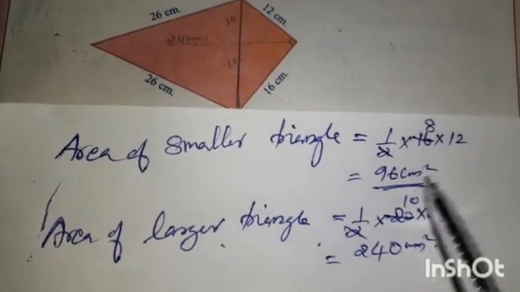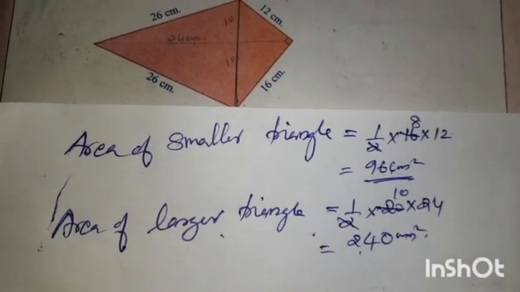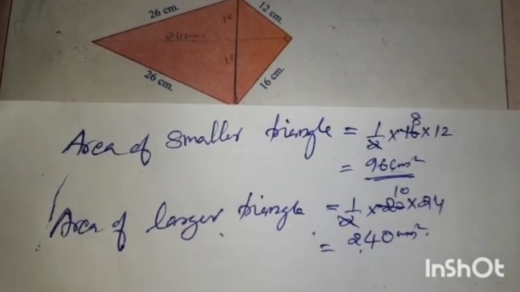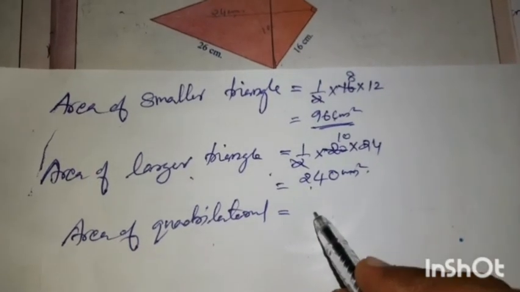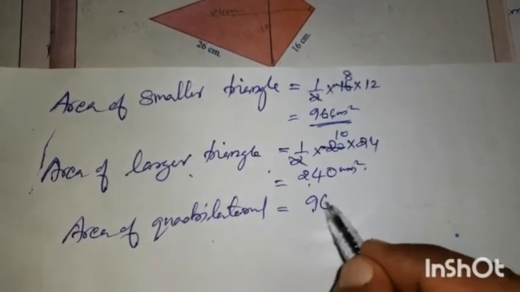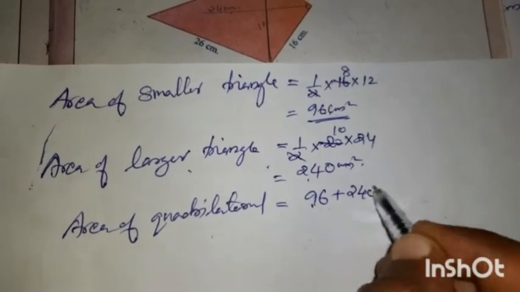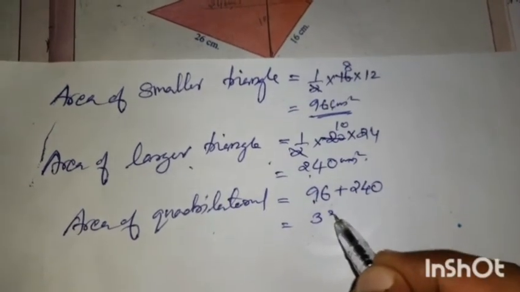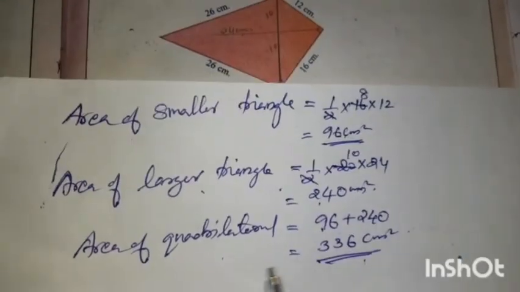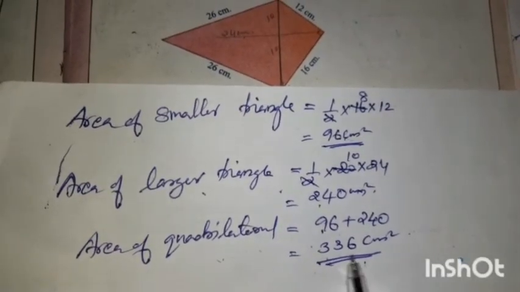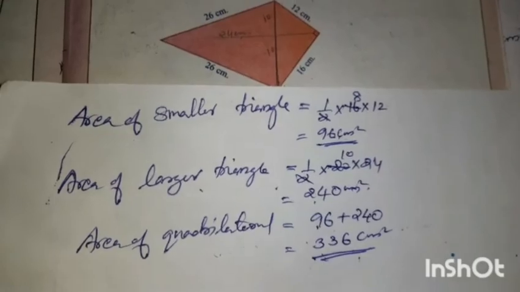So one triangle you got 96, another one you got 240 centimeter square. So area of quadrilateral is equal to 96 plus 240. It is 336 centimeter square. This is the area of the quadrilateral, 336 centimeter square.